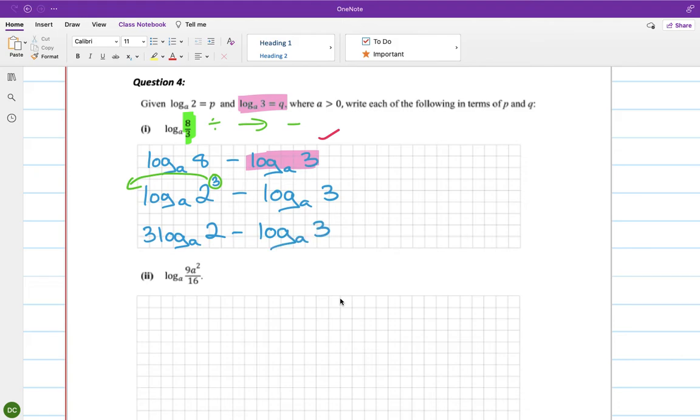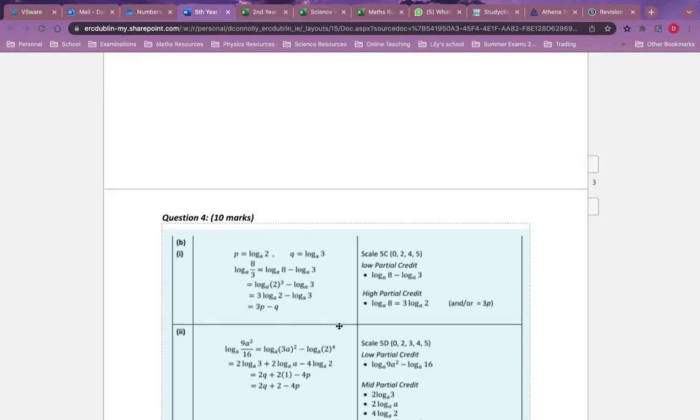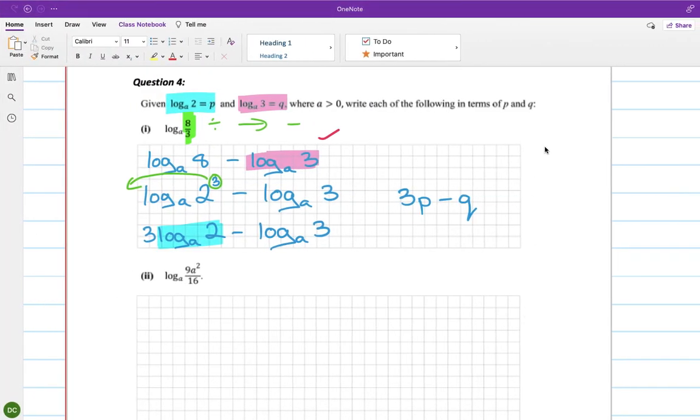So now this one is p. See what I mean? So then it becomes 3p minus q. And that's that one. Yep, 3p minus q. 5 marks for that one.